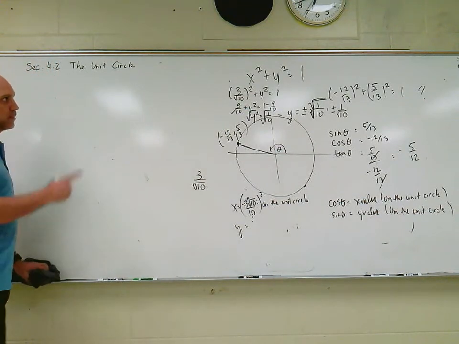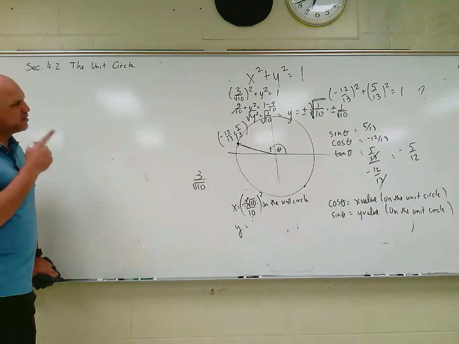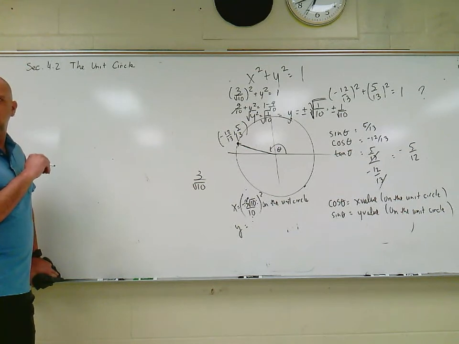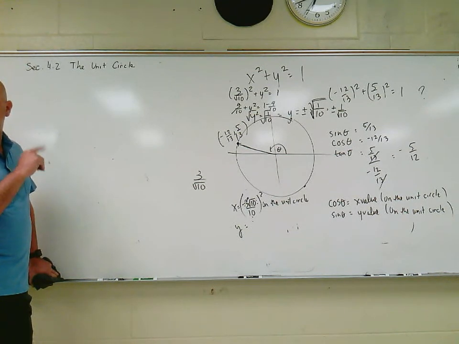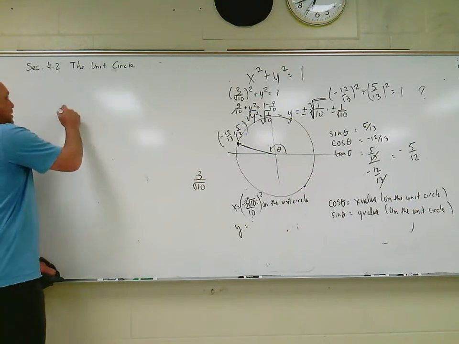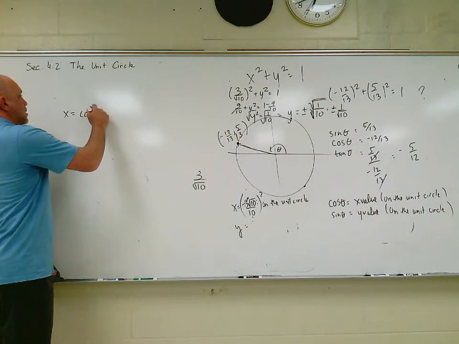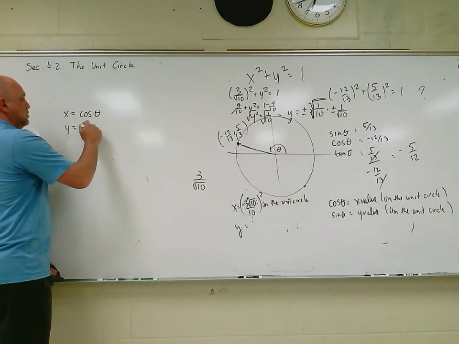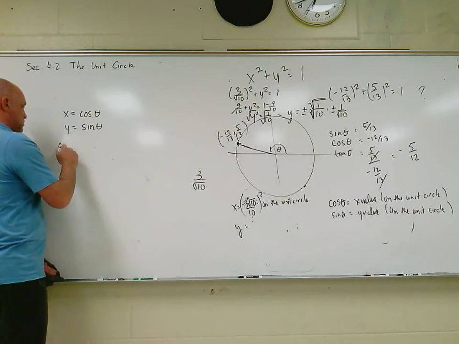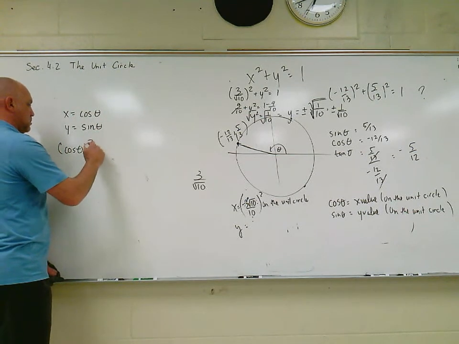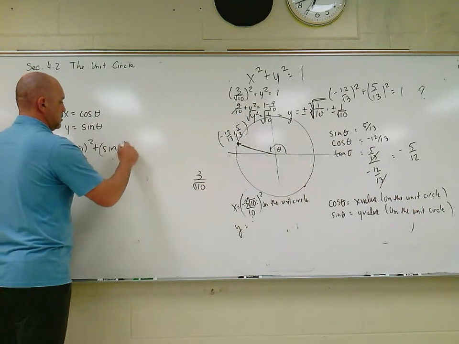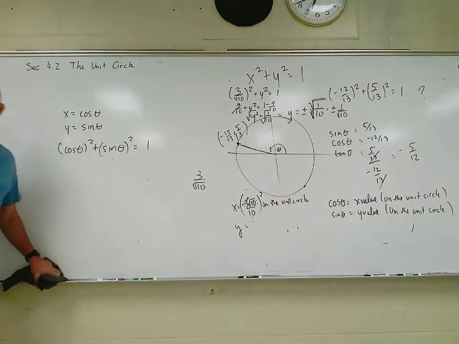Last thing. What did we say on the unit circle? What does x equal? Cosine of whatever the angle is. So x is cosine of the angle. What's y? I'm going to plug those in.